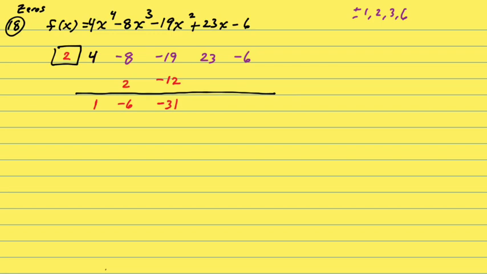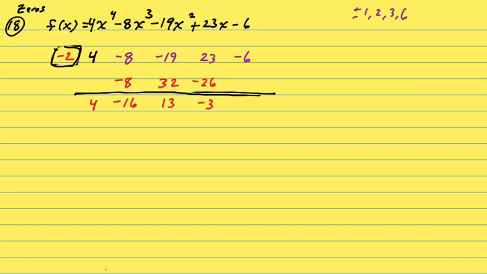Okay, so if I was to do this again, I'm hoping negative 2 might work. Bring the 4 down, multiply, negative 8. Add is negative 16. Multiply is 32. Add, what would this be? Is that 13? Multiply would be negative 26.